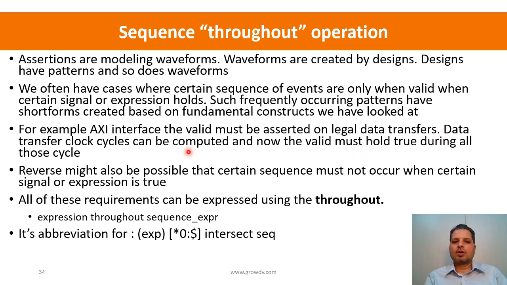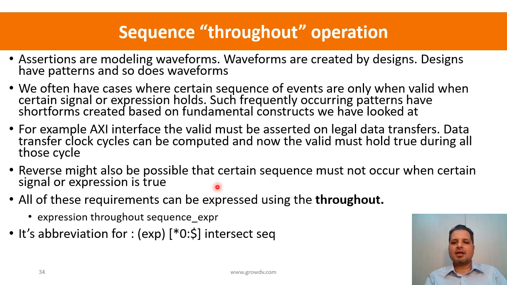I could figure out the total count of data to be transferred based on the width of the data bus and the total length, and then I know how many clock cycles the data enable needs to be asserted. Unless valid is asserted, we cannot consider that a valid transfer. Or the reverse might also be true, that a certain sequence must not occur when another signal or expression is true.